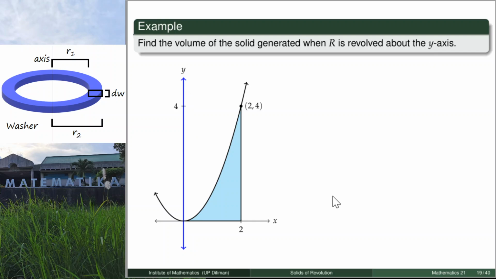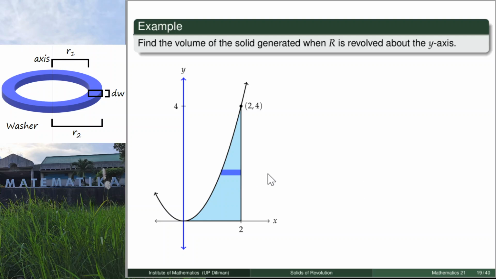Okay, so since the axis is vertical, then the rectangle is horizontal. And do we have disk or washer? Again, there are no segments in the boundary that coincide with the axis of revolution. Therefore, we have washer. So do we use the variable x or y?